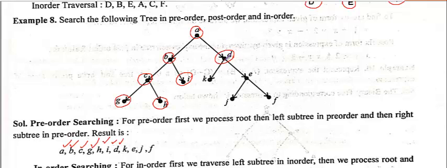Then when you have visited the D, you will move left first, because you have visited the root, then left, then right. So this is the pre-order procedure to visit the tree.